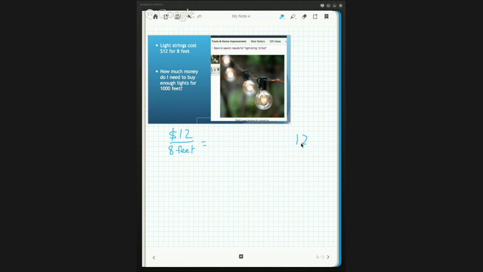We put our decimal here, and 8 goes into 12 once, 1, with 4 left over. We drop down our 0 and we get 1.5. So that's $1.50 for 1 foot. 1 foot costs $1.50 if 8 feet costs $12.